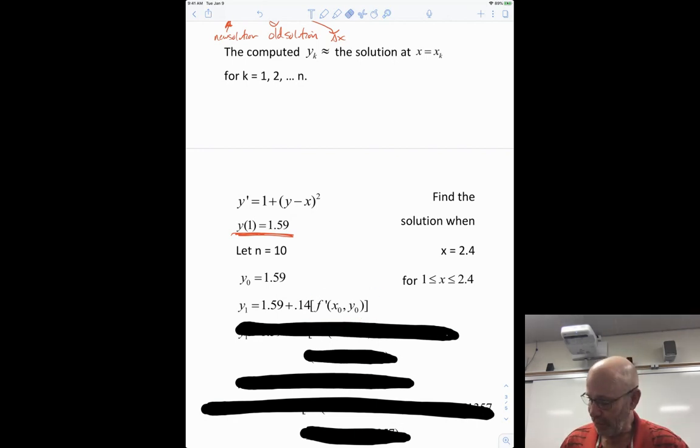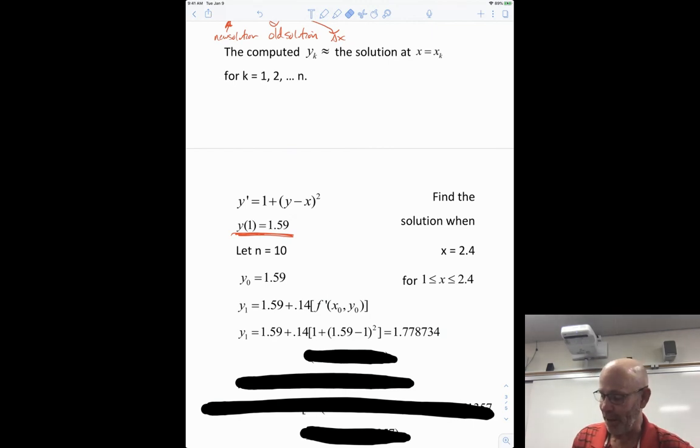So what you'll see me do on the next step is that, remember, my original solution was 1.59. So what you see me doing here is putting the 1 and 1.59 back up into that equation. It's 1 plus y minus x squared, so 1 plus 1.59 minus 1 squared.